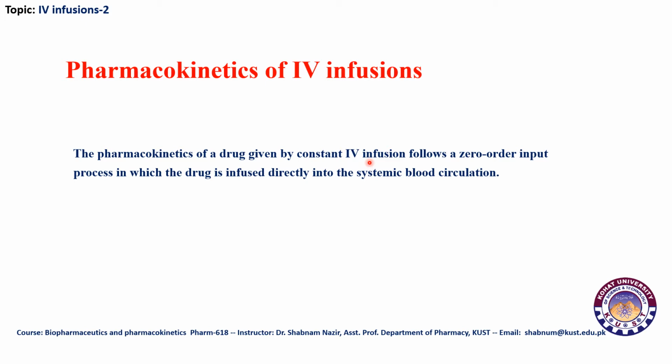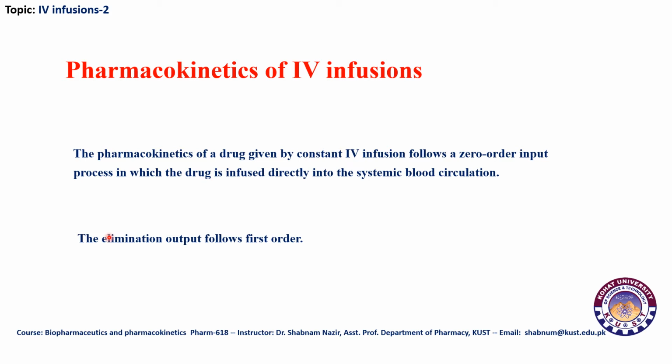So now we simply continue: the distinctive characteristic of the pharmacokinetics of intravenous infusions is that whenever they are administered, their input rate follows zero order, while the drug is infused directly into the systemic blood circulation. However, as far as their elimination is concerned, the drug follows first order kinetics. It simply means that the elimination process depends upon the concentration of the drug within the systemic circulation.